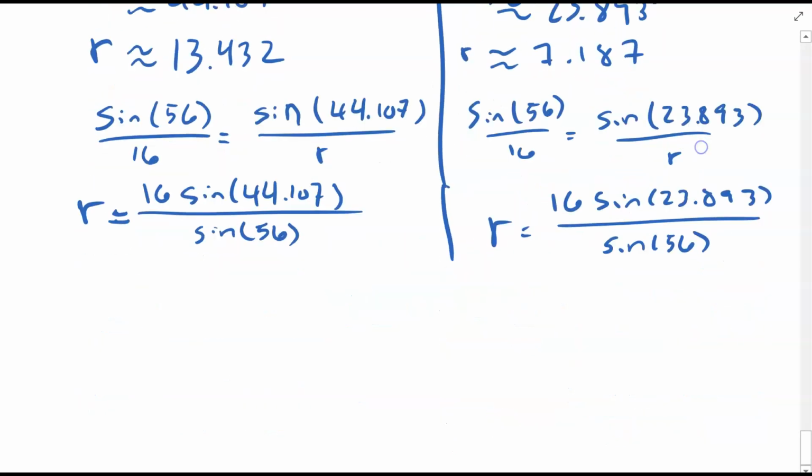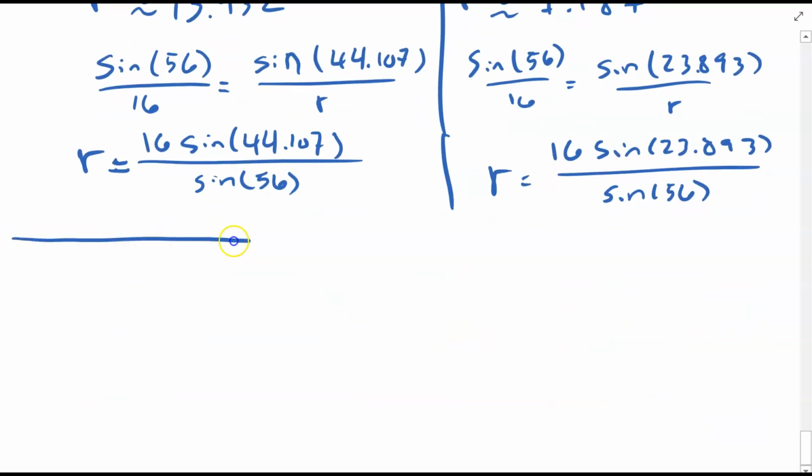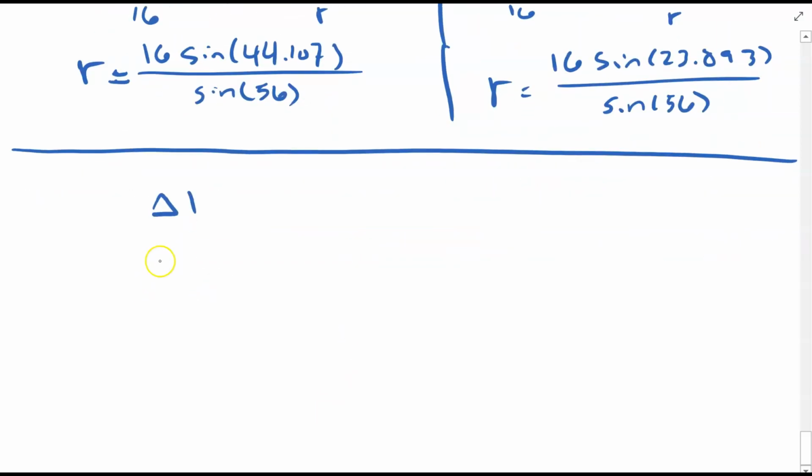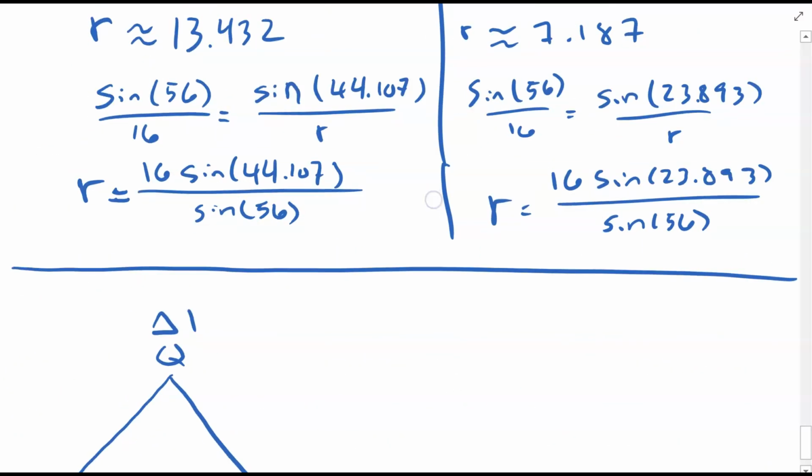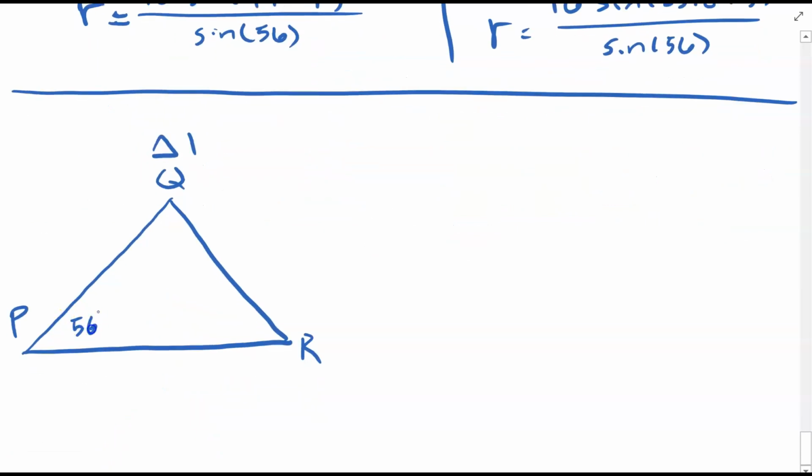So to just give you a little bit of a geometric picture of kind of what's going on. So 56, 16, 19. So this was triangle 1. Triangle 2.